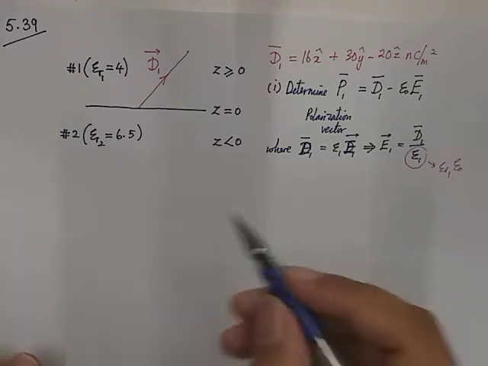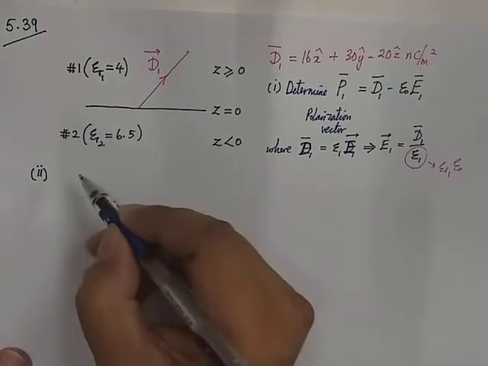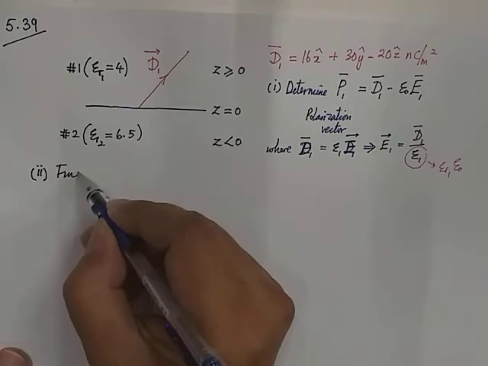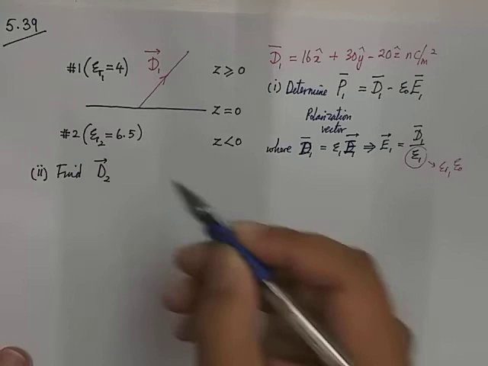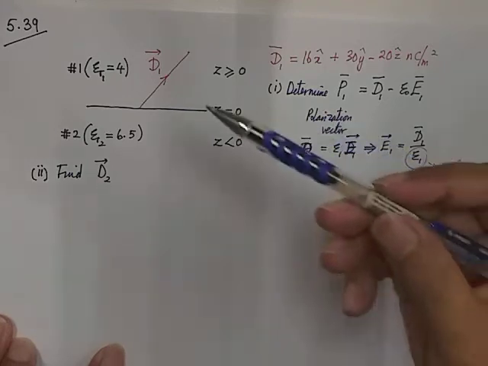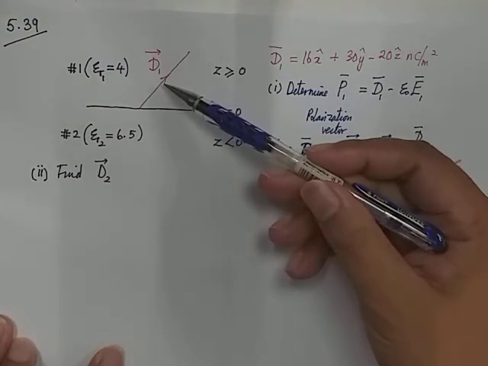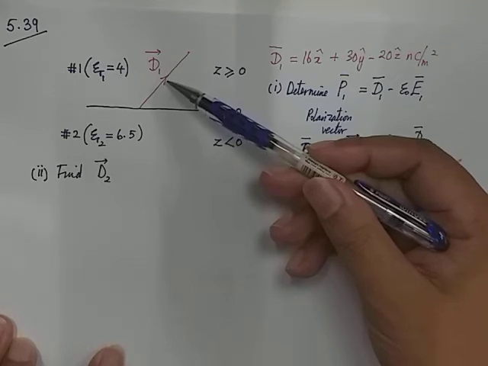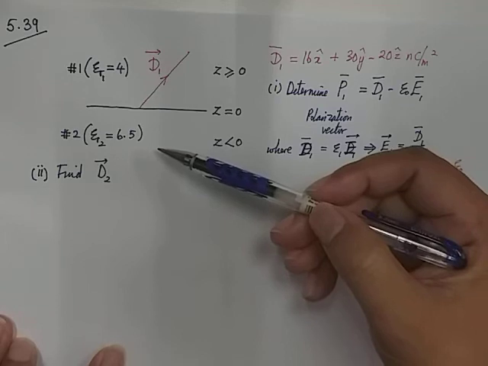Then for question number 2, the question asks us to find D2, in the other region. What we are given by the question is the field in region number 1, and the question wants us to solve for the corresponding field in region number 2.